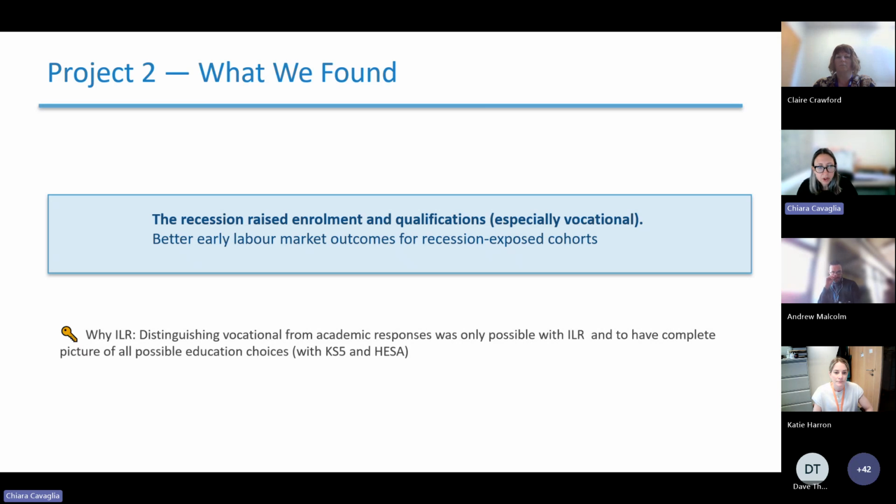And as I mentioned before, the ILR in this case has been fundamental to distinguish between vocational and academic responses, which was very interesting because we found that they reacted in totally different ways. And also to have a complete picture of all the possible education choices together with the Key Stage 5 and ESA data.